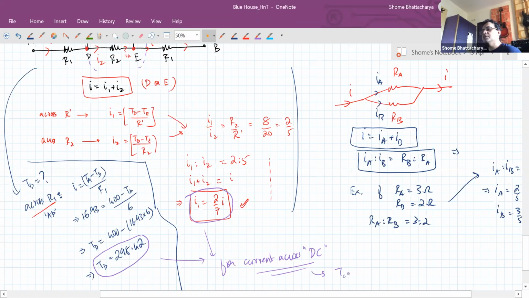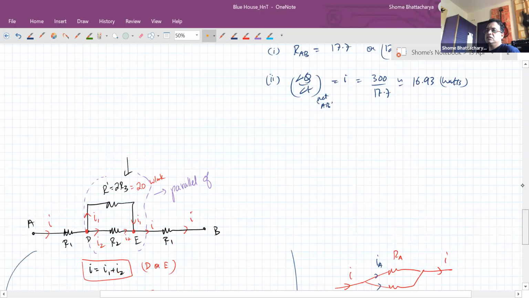And from that, I will find the temperature at the point C. Okay, so these two values are clear now: the temperature at the point D here and this current I1, how we got.